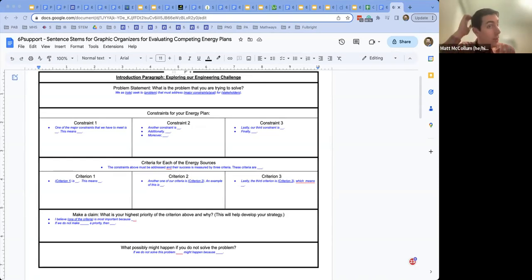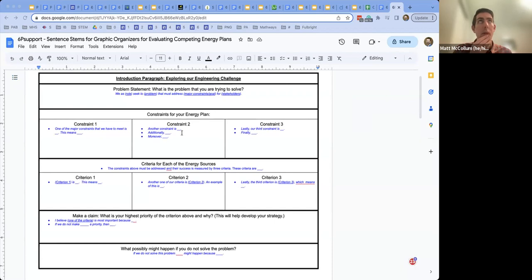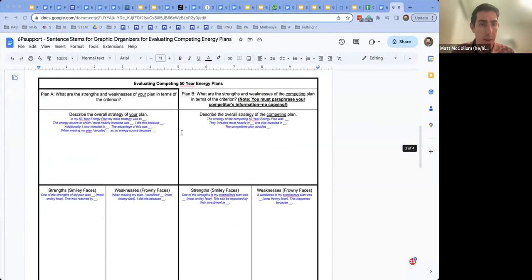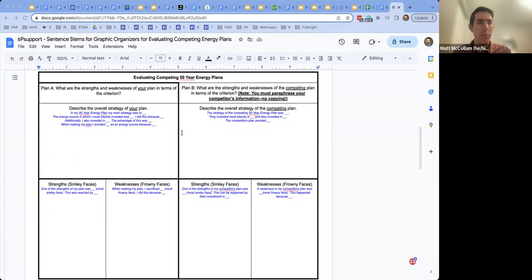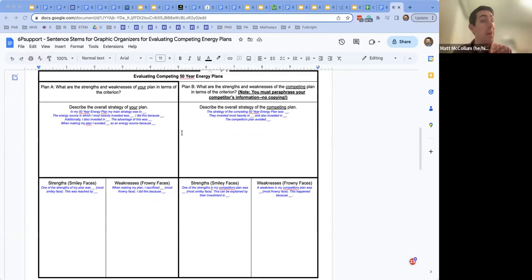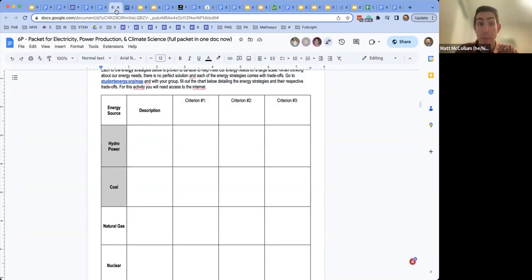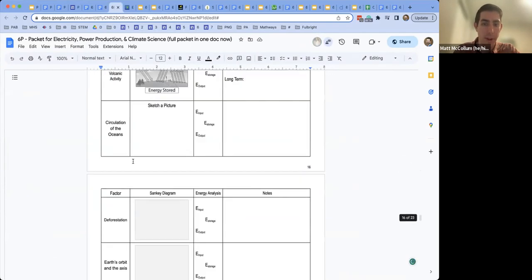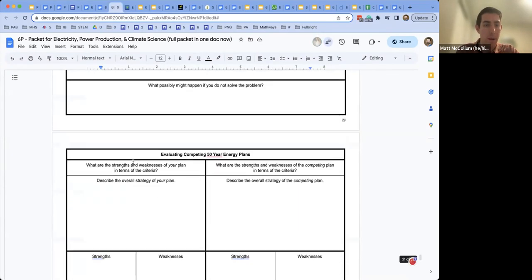The one tool that we are having them use, and it's nice because the graphic organizer lays out the paragraph, is printed in the packets in 6P. The packets don't all have these possible sentence starters in them. This is 6P support, you can see. So Bradford's going to scroll down to 6P.